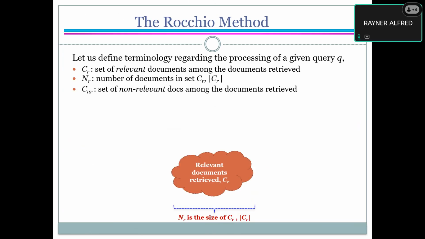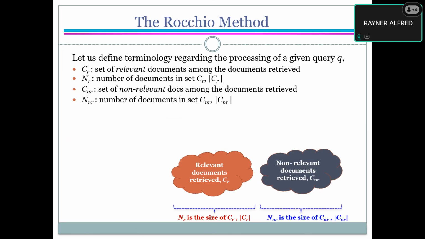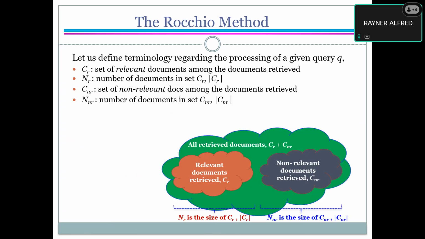The second one is the non-relevant document, which is not important with respect to the query, and we have the size. Okay, and together this is all of the documents that are retrieved. Okay, and we have the size also. So all the retrieved documents comprise both relevant and non-relevant documents.